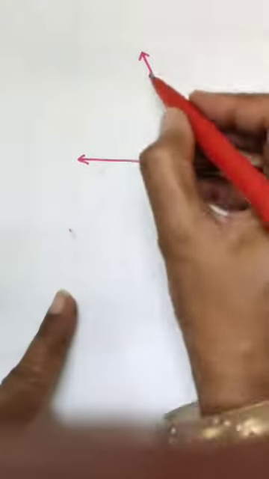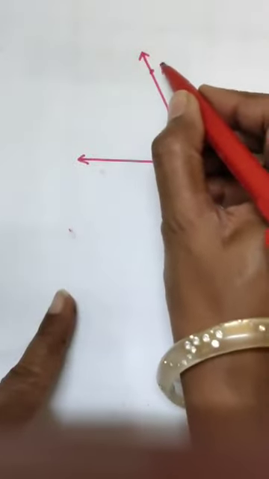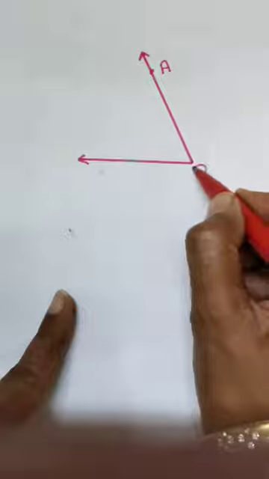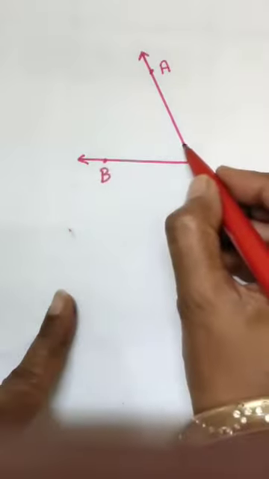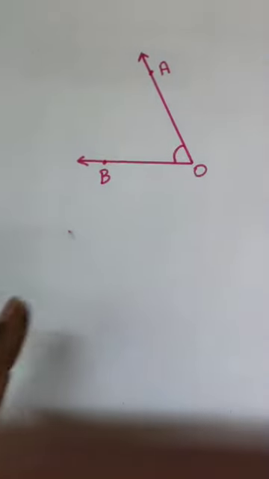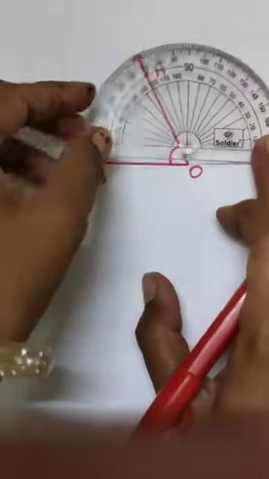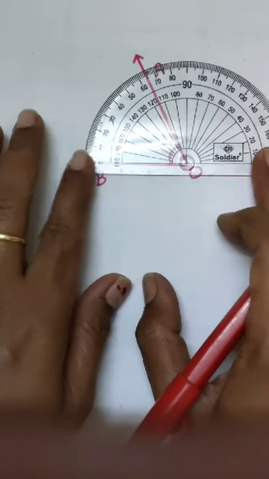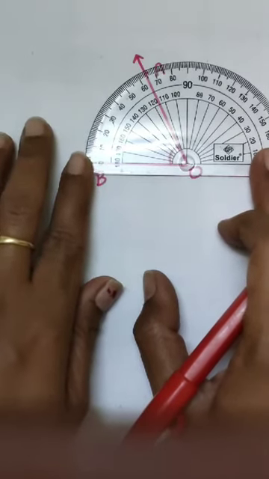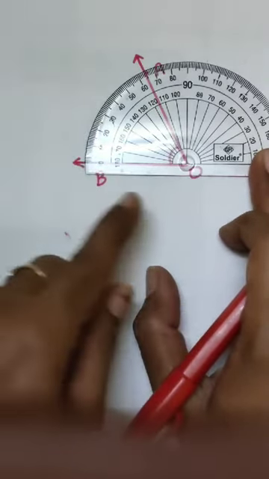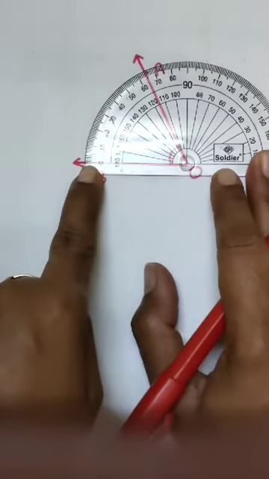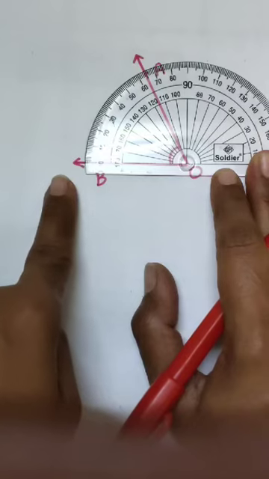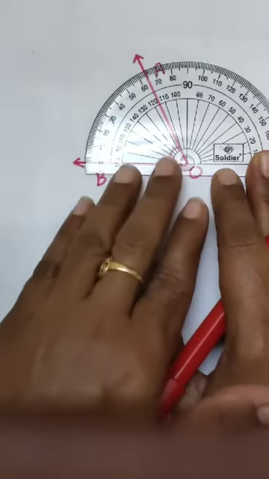See more questions. Now see, I have made an angle in the opposite direction. This is your angle AOB. You have to measure the angle O. Place the protractor like this, center point of the protractor on the vertex, and the baseline of the protractor will lie on your pencil baseline.